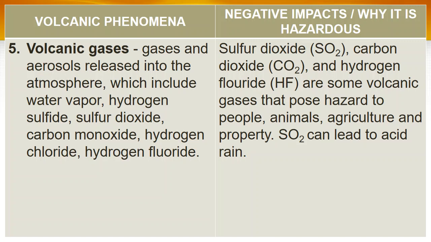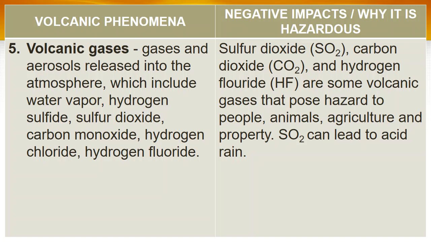Okay, so what are the negative impacts if these chemicals, the volcanic gases, are released into the atmosphere? These chemicals, like sulfur dioxide, carbon dioxide, and hydrogen fluoride, are some volcanic gases that pose hazards to people, animals, agriculture, and property.